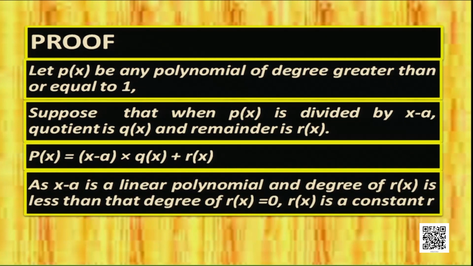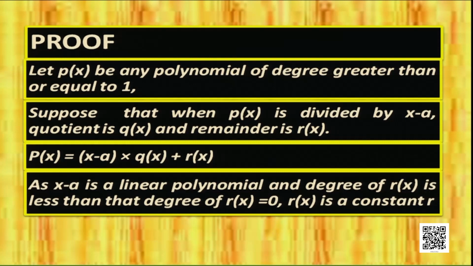x minus a is a linear polynomial, and its degree is 1, and we know that the degree of the remainder polynomial must be less than that of the divisor. So the degree of Rx is less than that of x minus a.